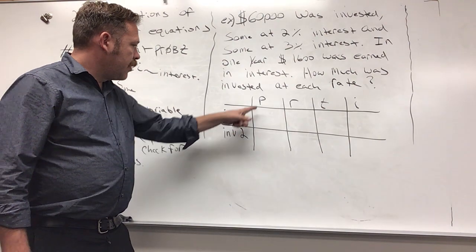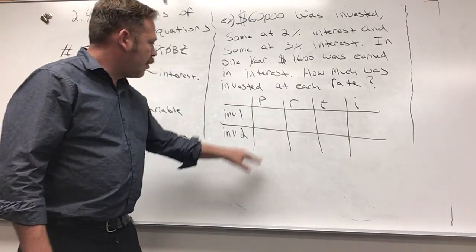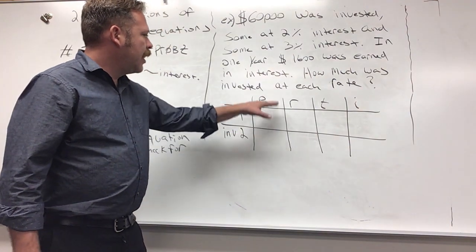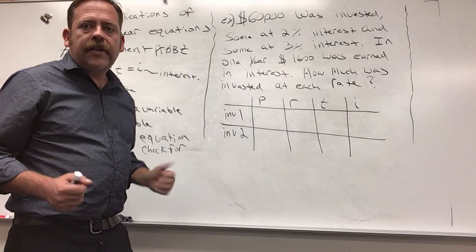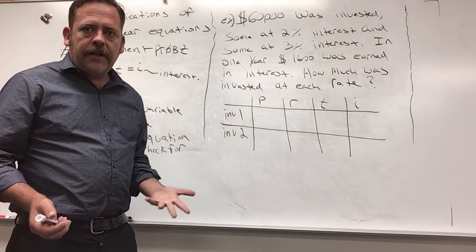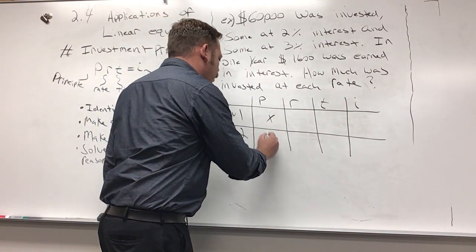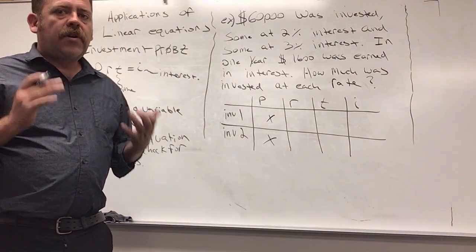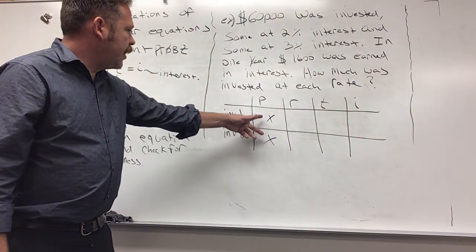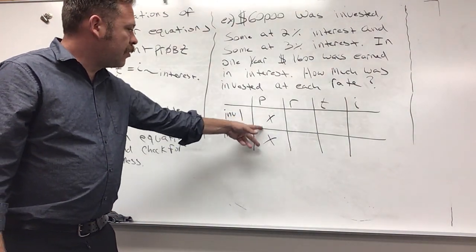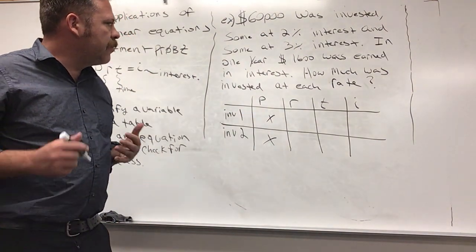So we don't know the principal. The principal is the original amount that was invested. I don't know how much was invested here, and I don't know how much was invested here. So we can assign a variable to the principal, right? That's what we're trying to find. So I can call this X, and I call this X. What we don't have here is any proof that the investments were the same amount though. So we might have to adjust this box in a little bit, but let's see what we can fill out here.